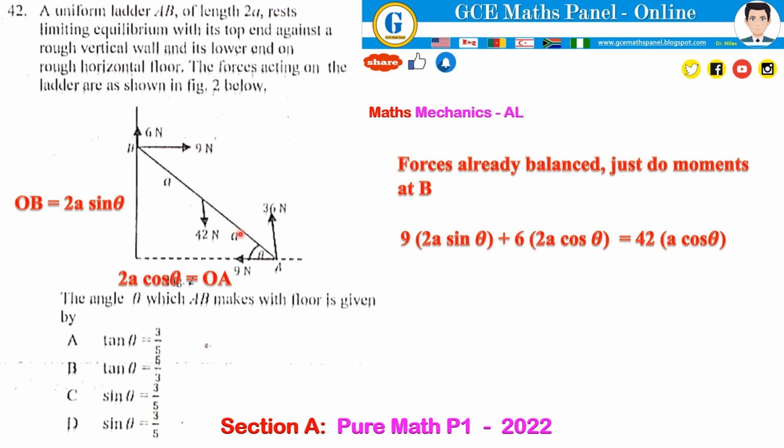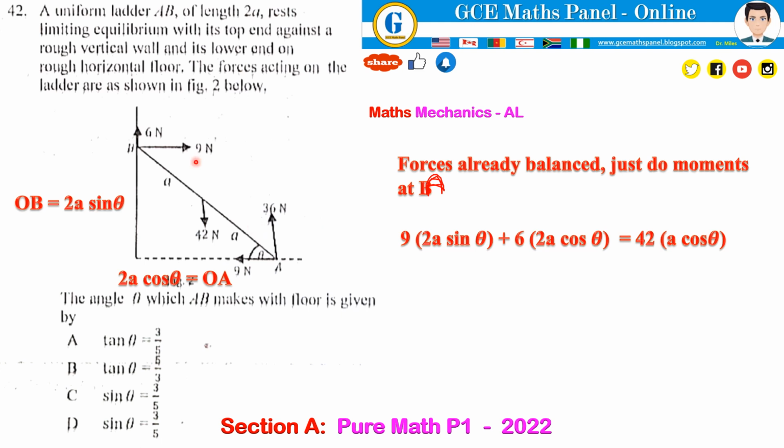I've taken moments at A, not at B. So taking moments at A, we have this 9 newtons times its perpendicular distance, which is 2A sine theta, plus this 6 newtons times its perpendicular distance from here, which is 2A cos theta.